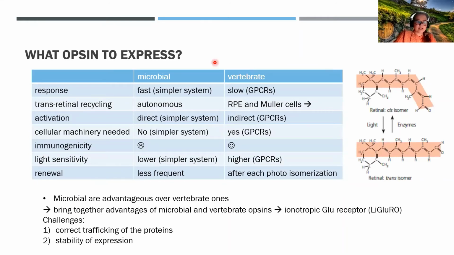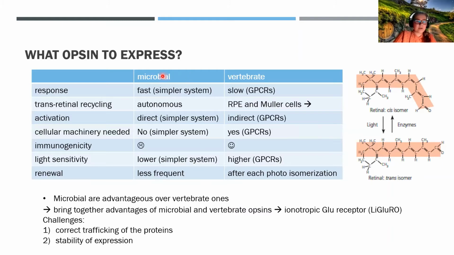So now, still about the same opsins. These are class 1 opsins and class 2 opsins, and microbial opsins are advantageous over vertebrate ones. This is the impression I have made from reading some papers.